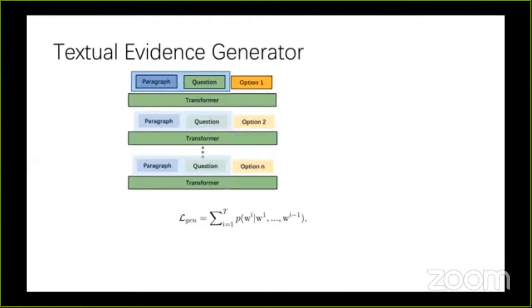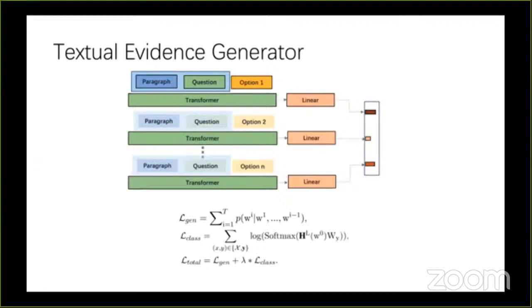Moreover, we aim to generate evidence that can discriminate the correct answer from option distractors. Therefore, we add an answer prediction loss and train the model as a multitask learner. In the test stage, we set the paragraph and question as input to the language model and use the model to generate the next sentence as evidence, which means the model is agnostic to the correct answer.